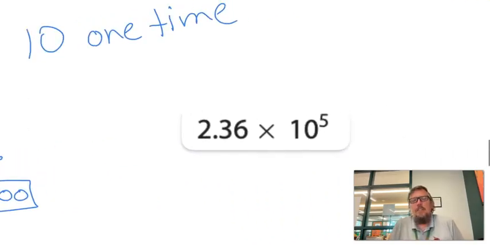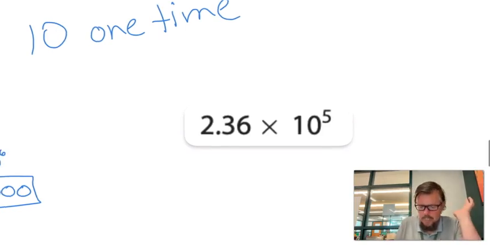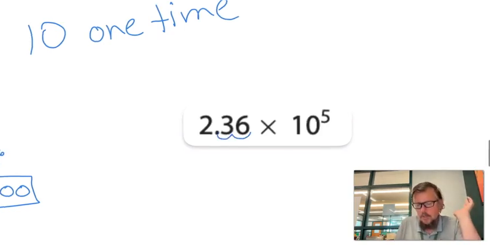Okay, let's do another example here. Let's see if we can do this all in one step. I'm multiplying by 10 5 times. When I look at 2.36, I can see that I'm going to need to move the decimal 2 times to get to the end of the number.